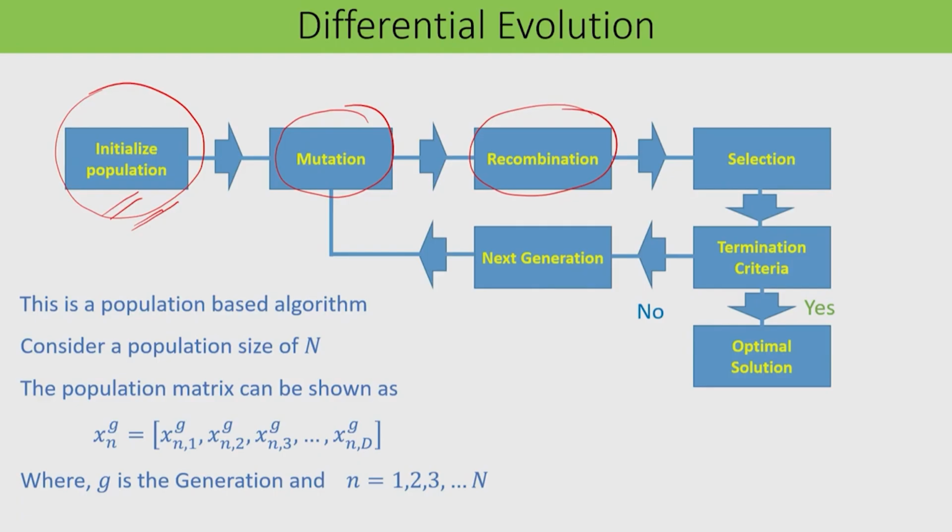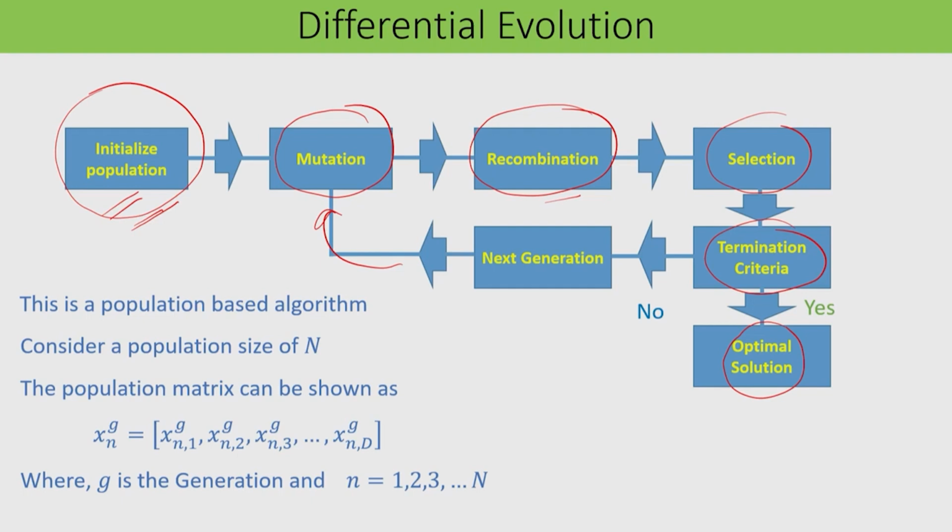With recombination we create a new solution, and after that we apply the selection operator, which is basically used to select the best one. Then we check the termination criteria. If it is satisfied, then we declare that this is the solution, otherwise this process will continue. We go to the next generation and this process continues until we reach the termination criteria. So, this is the algorithm.